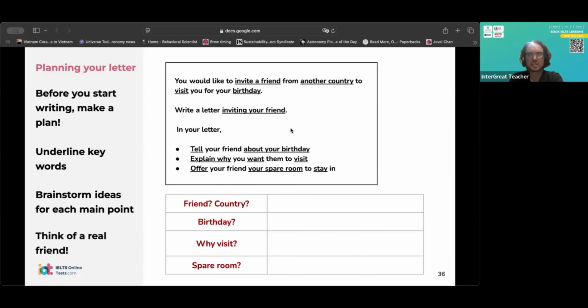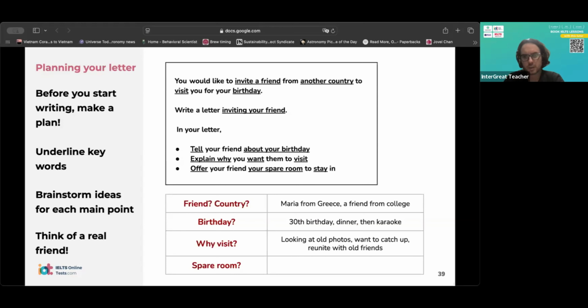And this person has decided that they're going to talk about Maria from Greece, who is a friend from college. Regarding the birthday, they're going to talk about the fact that it's their 30th birthday. And they will do a couple of activities, which is having dinner and then singing karaoke. What's the reason for the visit?